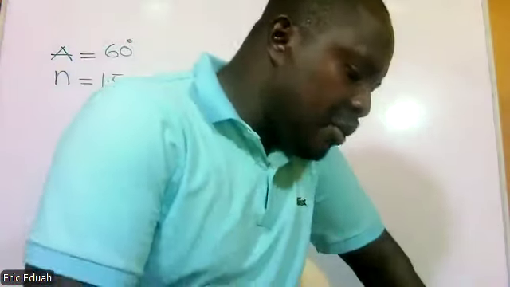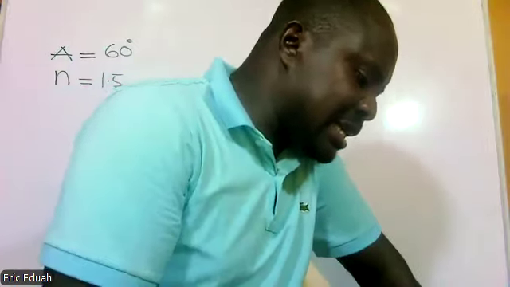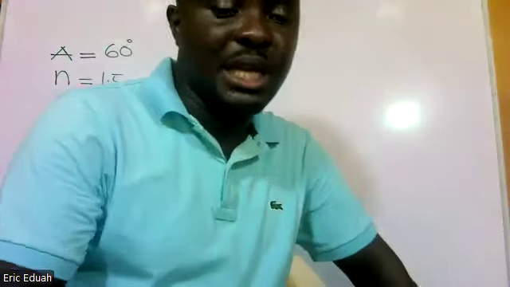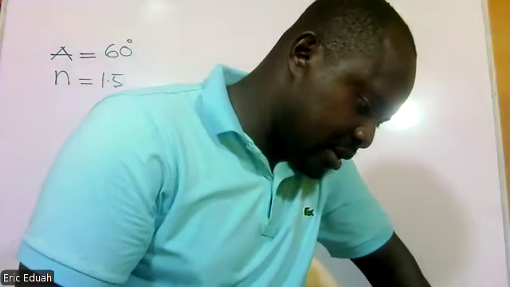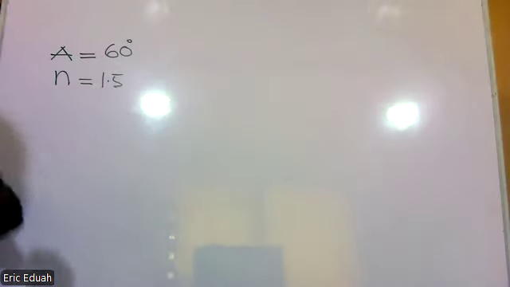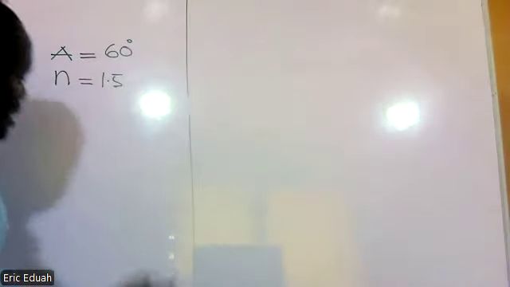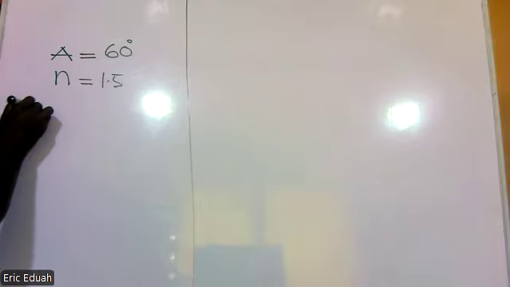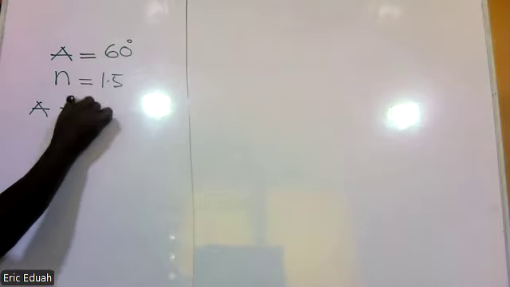So we are told that the light experiences minimum deviation, and so we have to calculate the angle of incidence. Once it experiences minimum deviation, then we know that A will be equal to 2R.